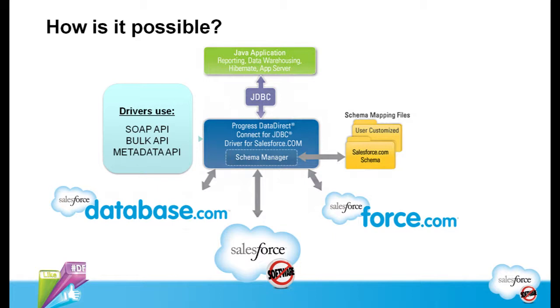Then let's say the application makes a SQL request, maybe a SQL inner join using inner join syntax. The driver takes the inner join syntax and converts it into the equivalent SOQL query and passes that down to the Salesforce.com API to execute it.